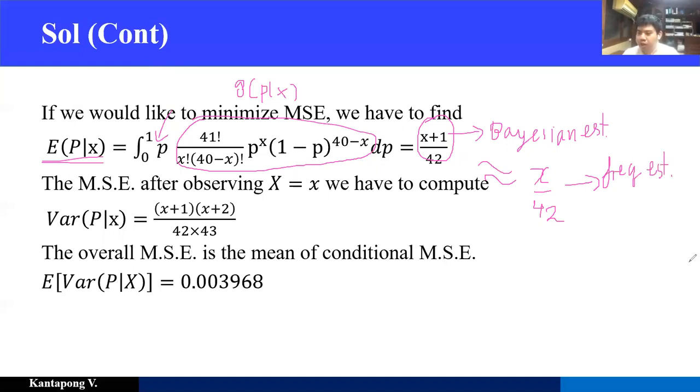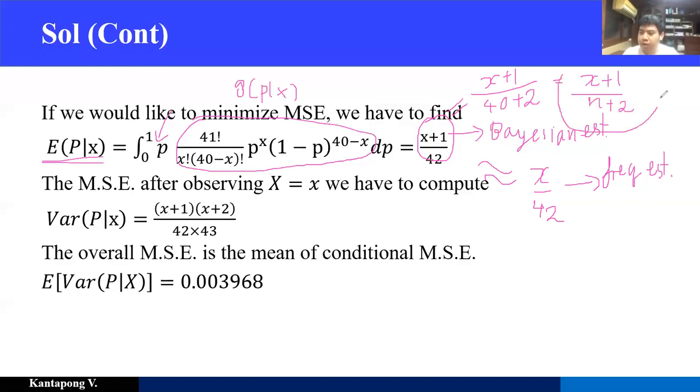The Bayesian estimation has another advantage. We can write this as (X plus 1) over (40 plus 2), so the form is (X plus 1) over (N plus 2).